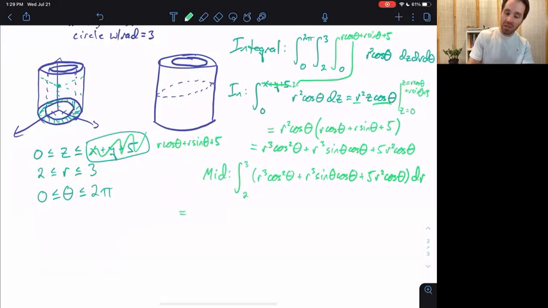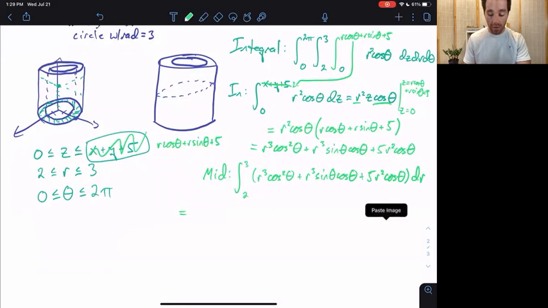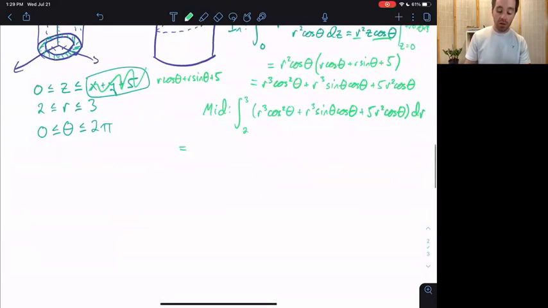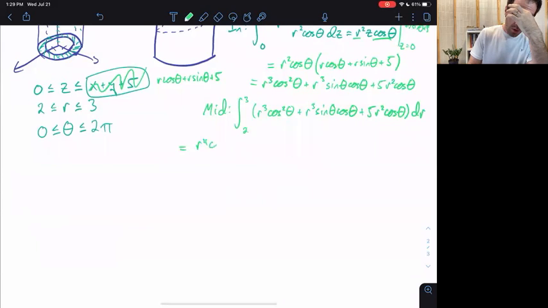Okay, this isn't bad. We're saving a lot of the difficulty for the theta at the end with all these powers of trig functions and all that jazz. So we integrate this with respect to r. The first term is going to be r to the 4th cosine squared theta over 4. And then another r to the 4th over 4, but this time with sine theta cosine theta.